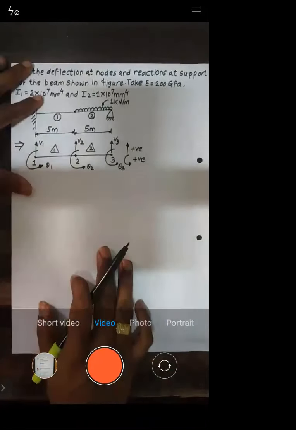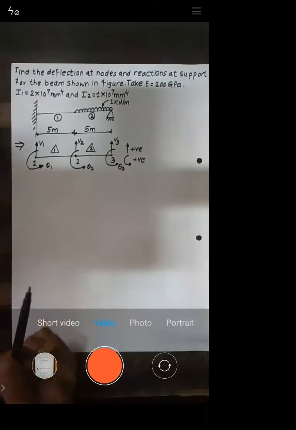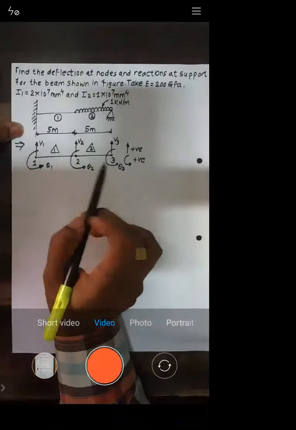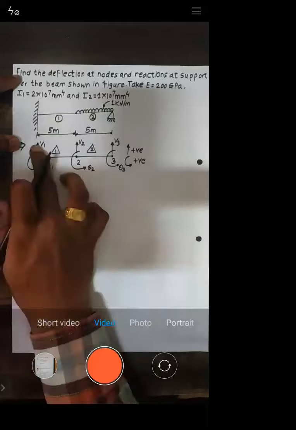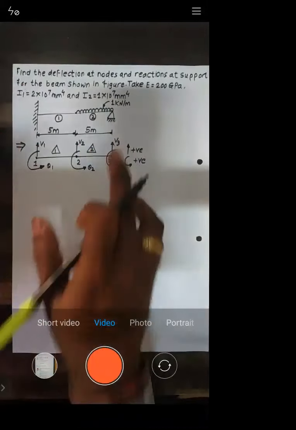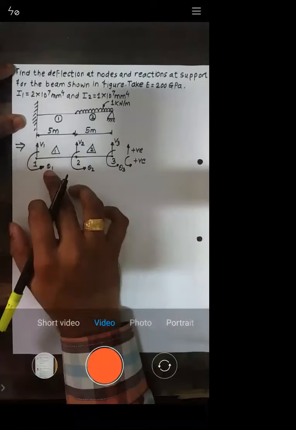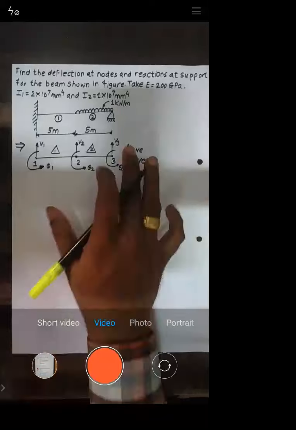Try to understand: V1, V2, V3 are along Y direction, and theta1, theta2, theta3 are about Z axis. This is just an assumption that V1, V2, V3 are positive, and theta1, theta2, theta3 are anti-clockwise.